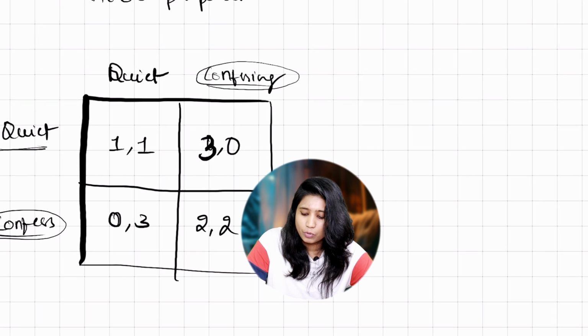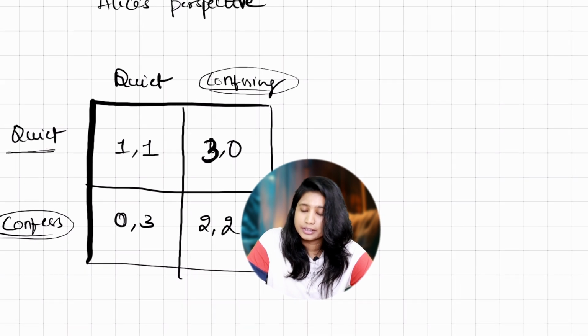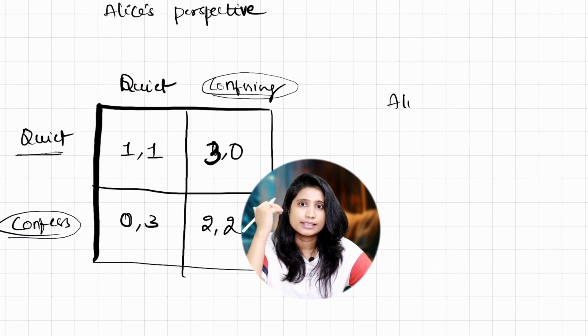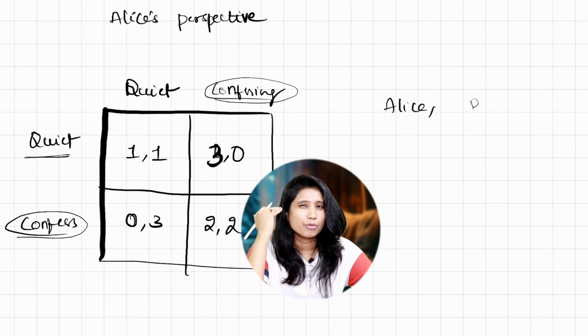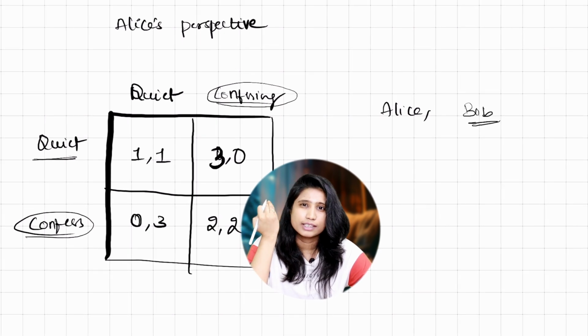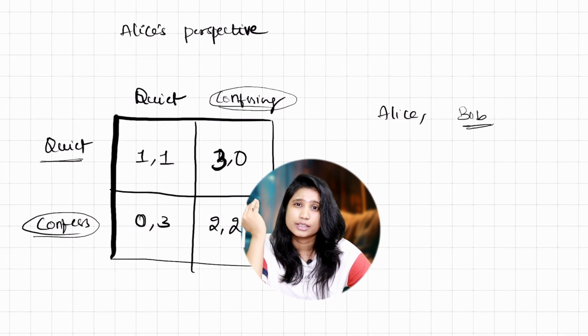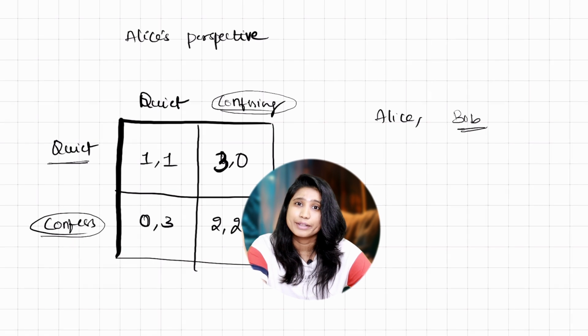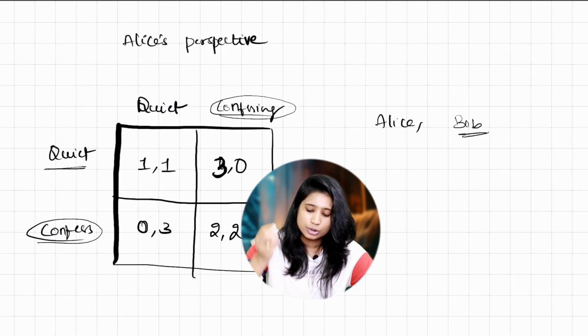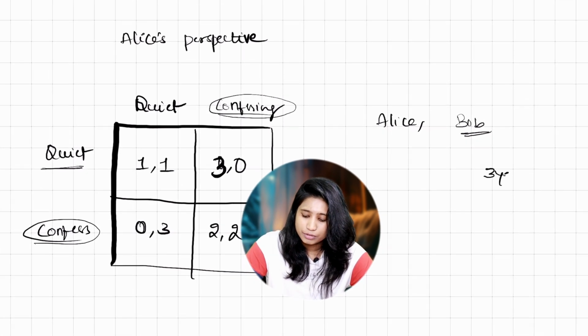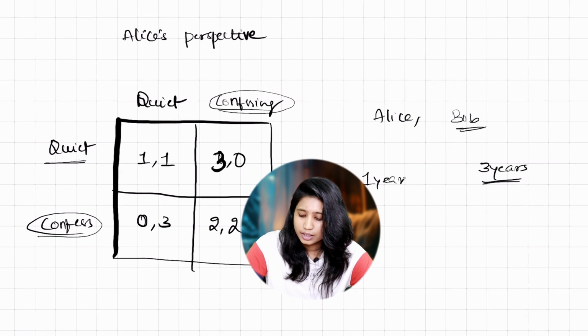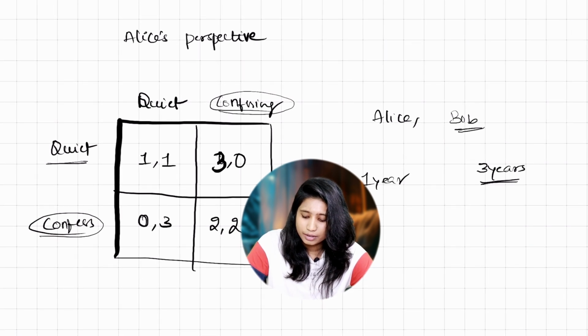As Elise is in a separate room, she doesn't know what Bob is going to decide. But definitely in Elise's mind, she would be thinking, what if Bob betrays me? Because Elise might be imprisoned for 3 years, and this is the worst case that can happen to her. So the worst case could be 3 years of imprisonment and the best case could be 1 year.